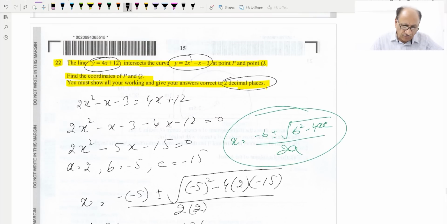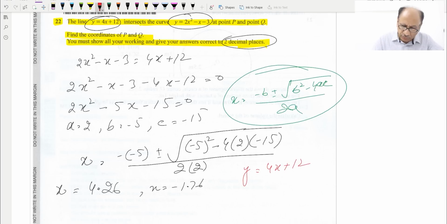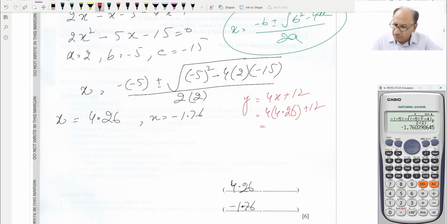And now for y value we will replace in this, like for example we have equation y is equal to 4x plus 12. So if we replace 4.26, this will be our equation, and this value will be 4 in brackets 4.26 plus 12, and this is giving us 29.04.